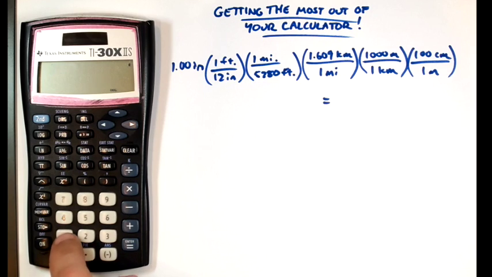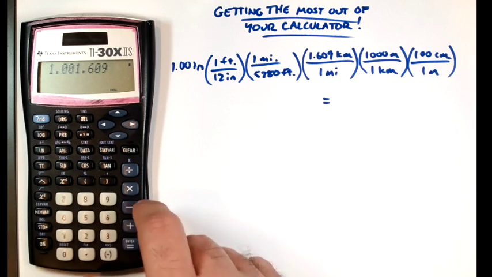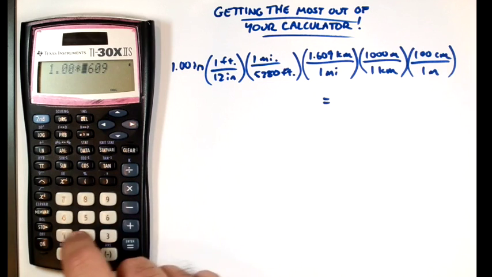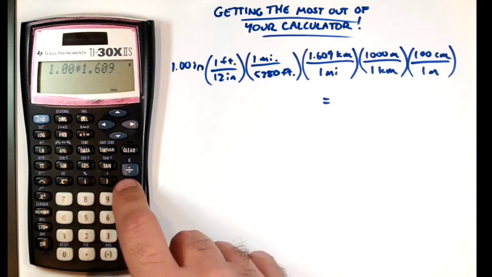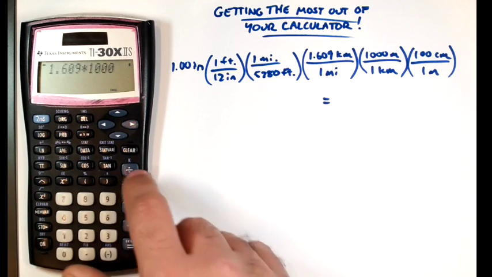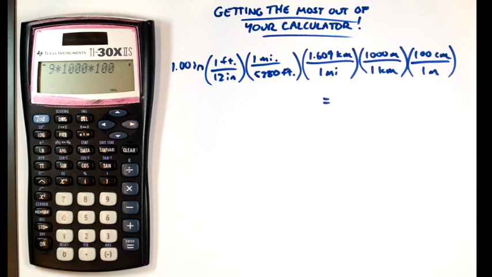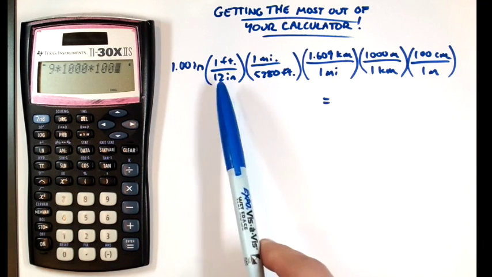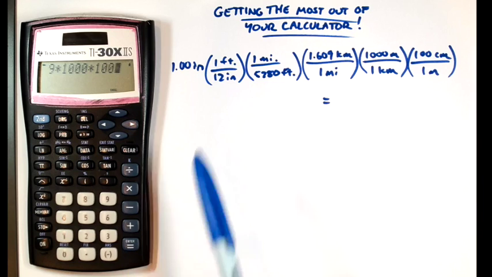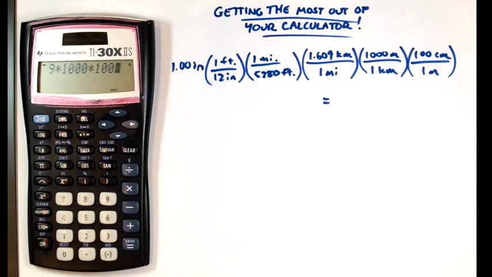So in this case, I'm starting with my 1.00 inches, and I start by multiplying these 3 factors right here. 1.609, then times the 1,000, and then times 100. Once I've done that, I turn around and do any division that's necessary, and so I'm dividing by 12 and by 5280.